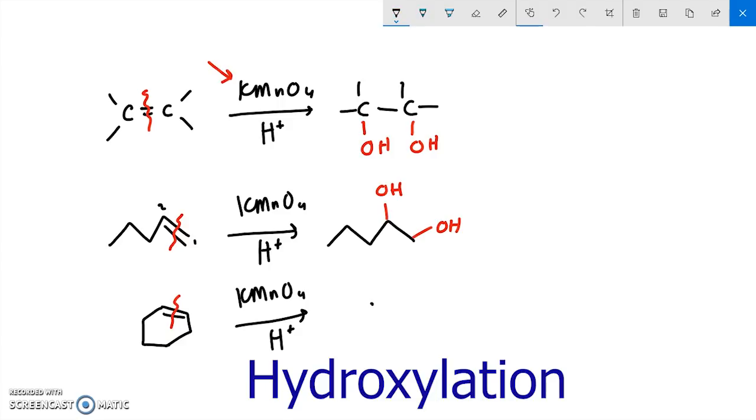It's going to form a cyclic compound of cyclohexane with an addition of 2 hydroxyl group at the first and the second carbon. Again, if this is a Baeyer test, you will notice the change of color from purple to dark brown precipitate for the unsaturated compound.